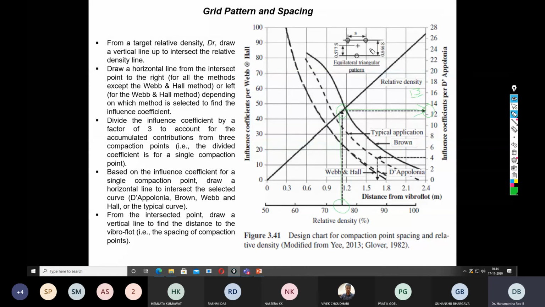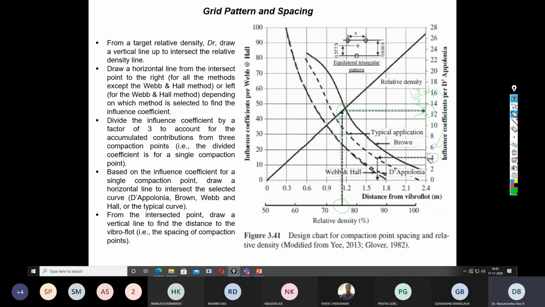Since this graph is valid for an equilateral triangular pattern wherein 3 vibroprobe locations are involved, therefore divide 13 by 3. Then the outcome is the value 4. Now on the same ordinate, identify the value 4.